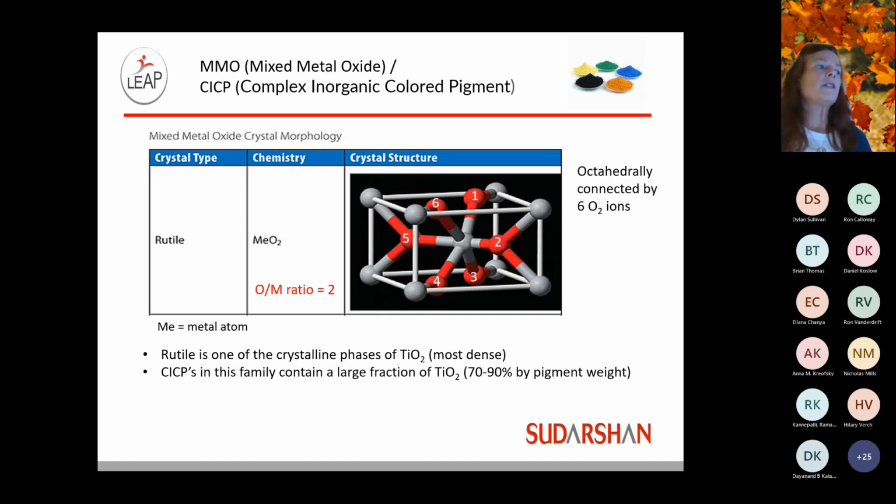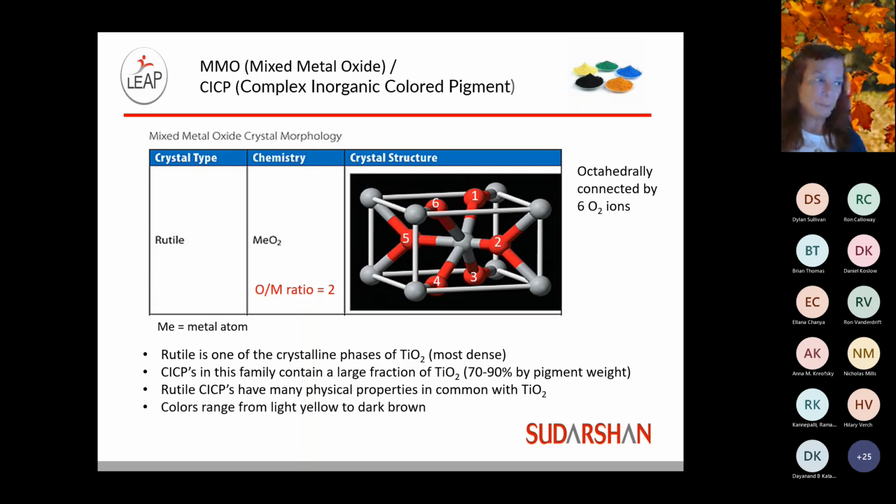And the CICPs in this family do contain a very large fraction of titanium dioxide, typically somewhere between 70 to 90% by pigment weight. The rutile CICPs have many physical properties that are common with TiO2 because of the large weight ratio of the TiO2.